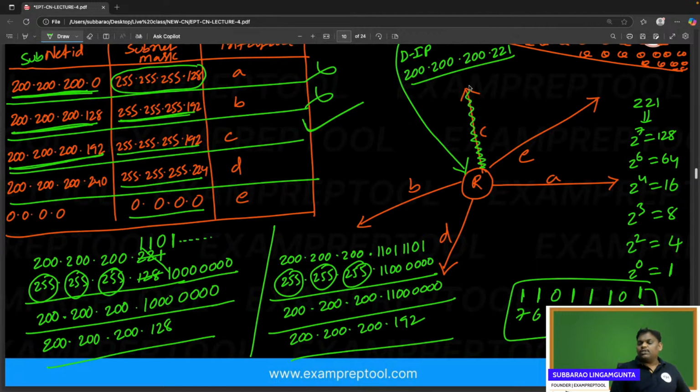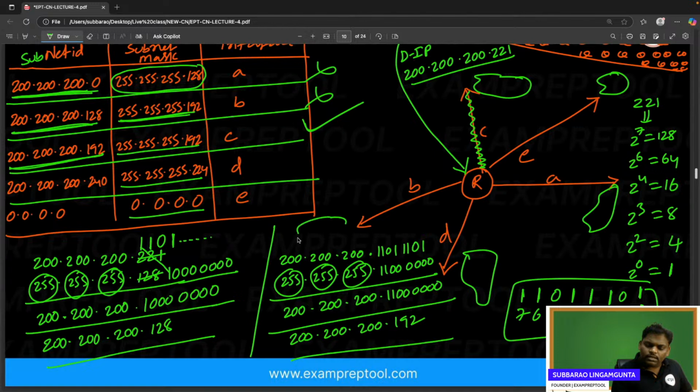Remember, C side one network is there. E side one network is there. A side one network is there. D side one network is there. B side one network is there, like that. So listen everyone now. I think C already matched. Let's try for D also, because you will get to know one interesting thing.